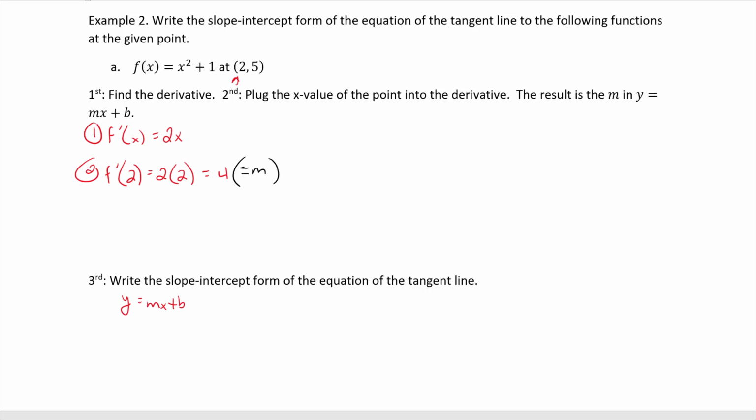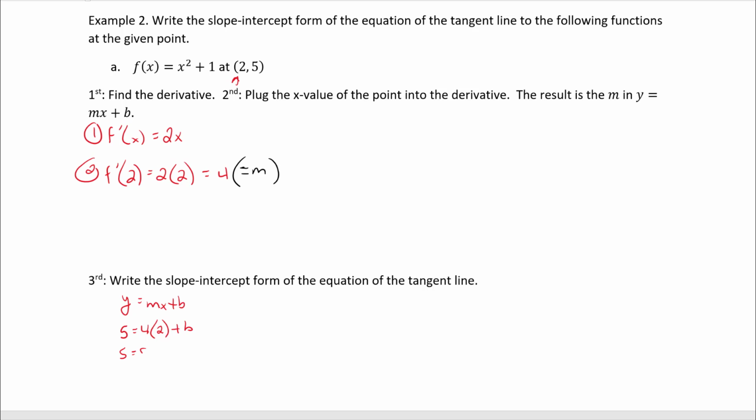Remember, b is our y-intercept, so we've got to find the y-intercept of our tangent line. To do that, we just use an x and a y that we know, because we can solve one equation with one unknown. So let's sub in known values for x and y. In this case, we know y is equal to 5 whenever x is equal to 2, so 5 equals 4 times 2 plus b. That's going to let us find that b value, our y-intercept's y-coordinate.